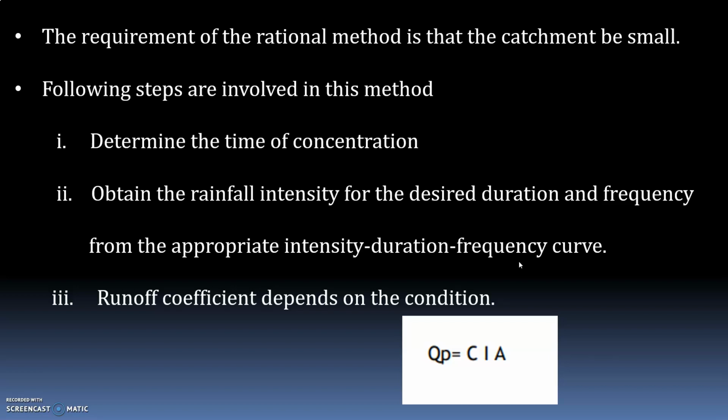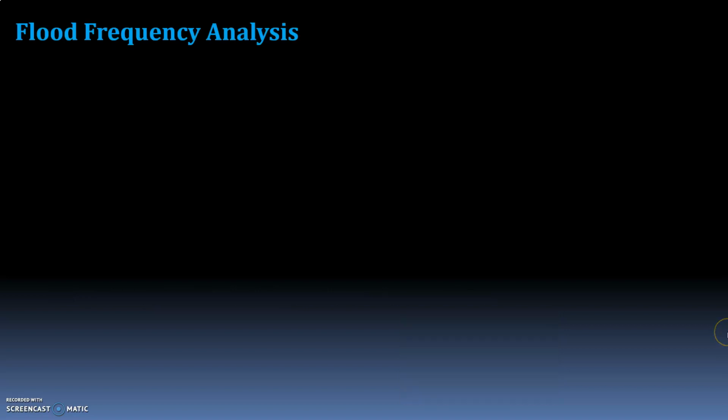Once you have the intensity and the duration, you will directly get the rainfall intensity for that particular duration and frequency. The runoff coefficient depends on the condition. If you use this formula, you will get the discharge, nothing but the estimation of flood.